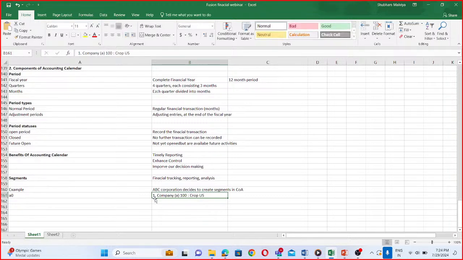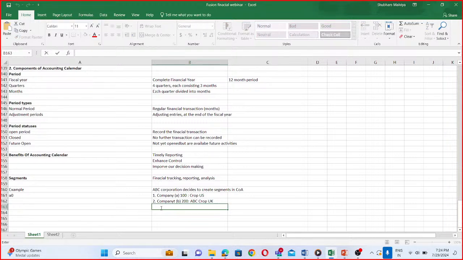We have a second company, let's say B, whose code is 200. We give codes because names are too long. So the code is 200 and the name is ABC Corporation located in the UK.